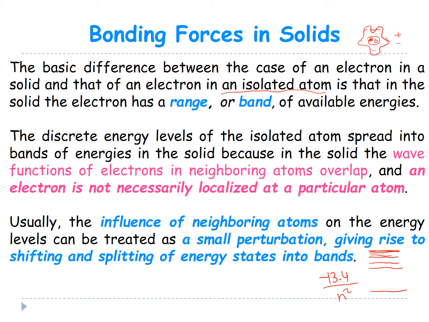Now in the case of a solid, instead of having these discrete energy levels where electrons can be found, we now have bands. What a band simply means is that you have these energy levels, but they're now very close together.